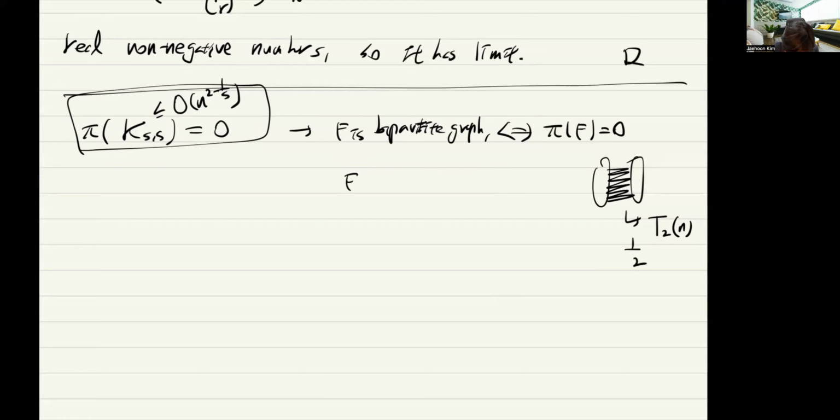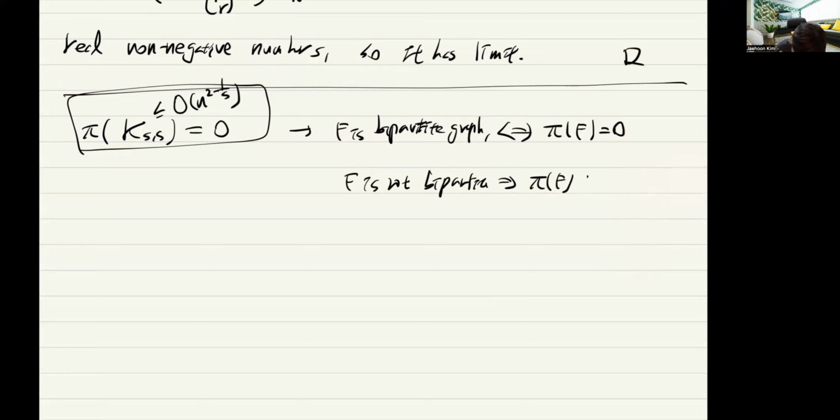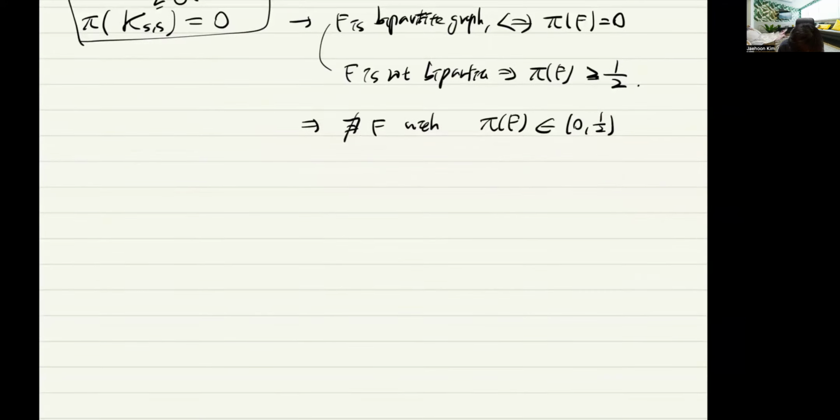So a non-bipartite graph implies that this is at least half. So what does this mean? This means that there is no graph F whose Turán density is between 0 and half.